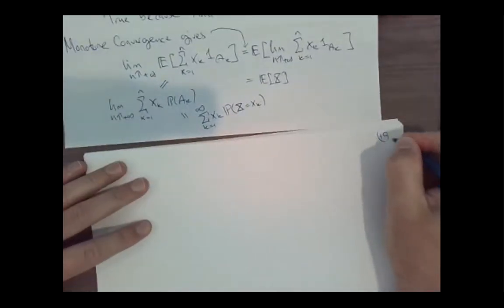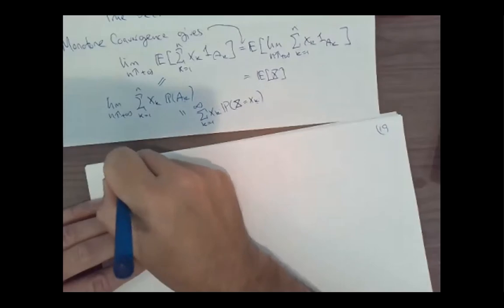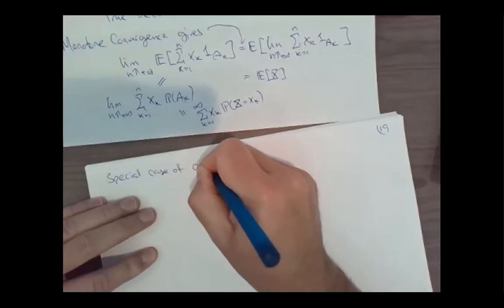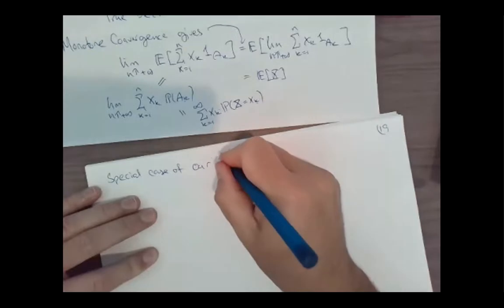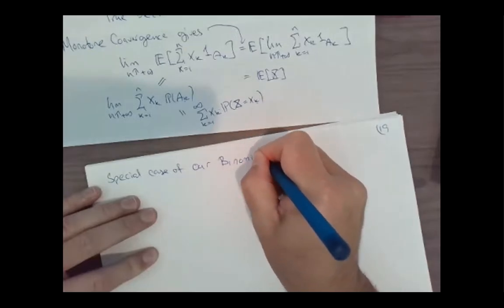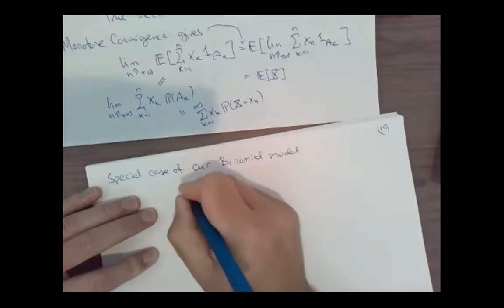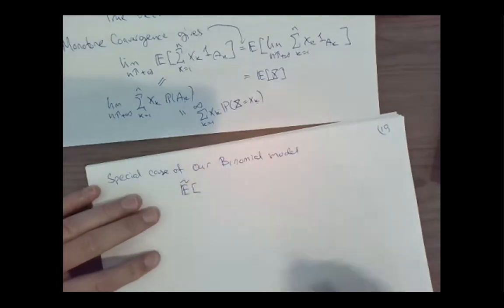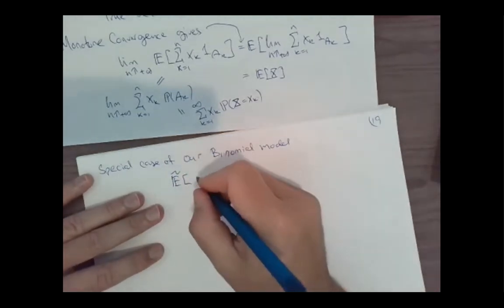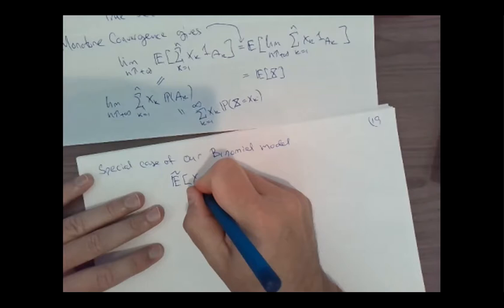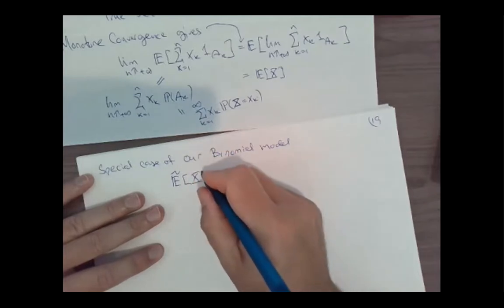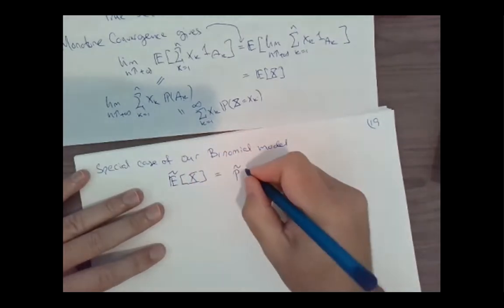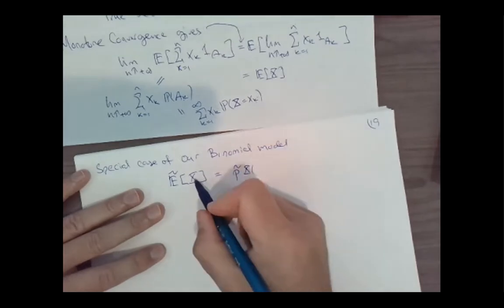This is quite similar. This is a more general case. A special case is what we had in the binomial model. Remember, we had an expectation of a random variable, say X. This would be p tilde, and then I would have X evaluated at what?